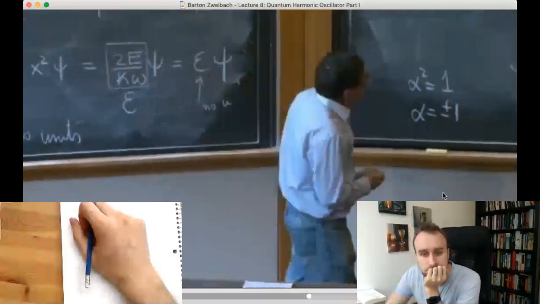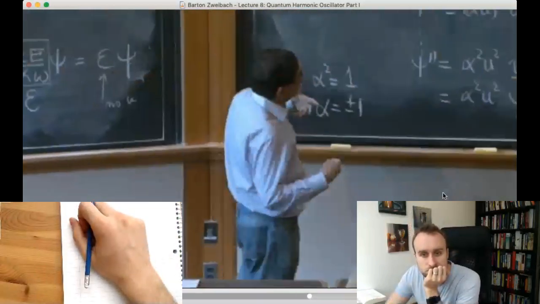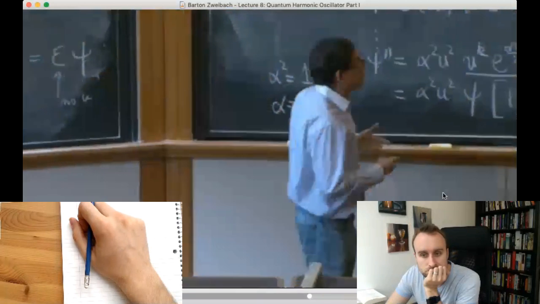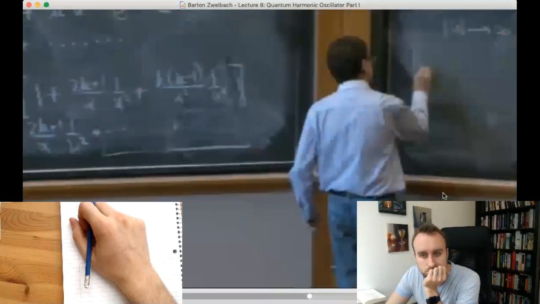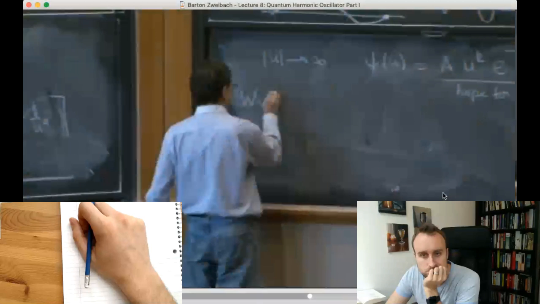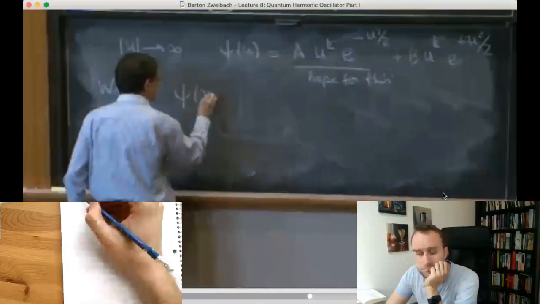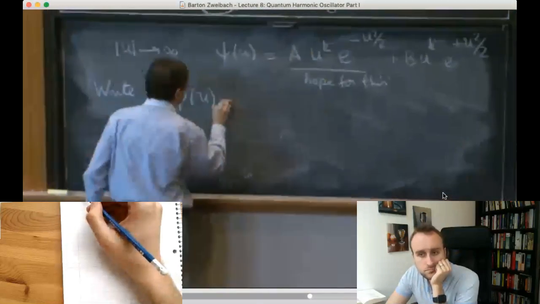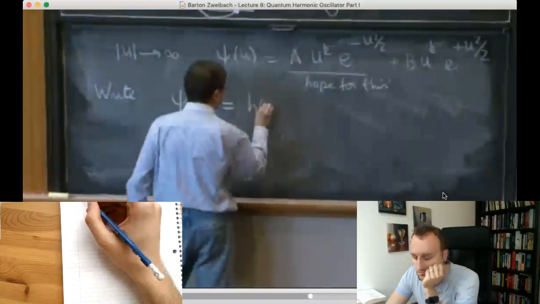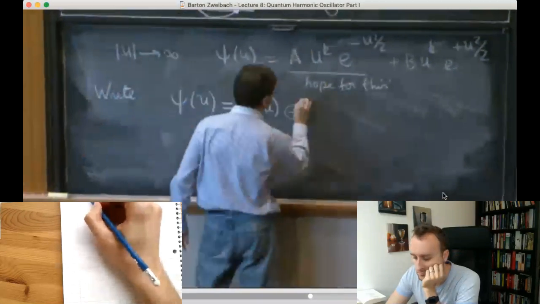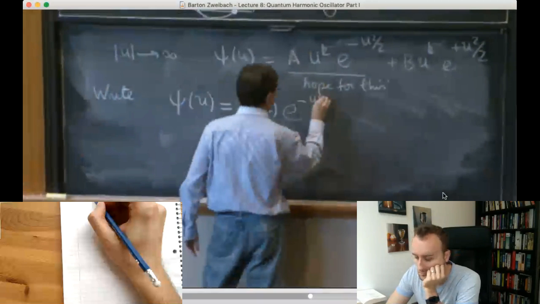The idea is to change variables a little bit. So write psi of u to be equal to h of u times e to the minus u squared over 2.